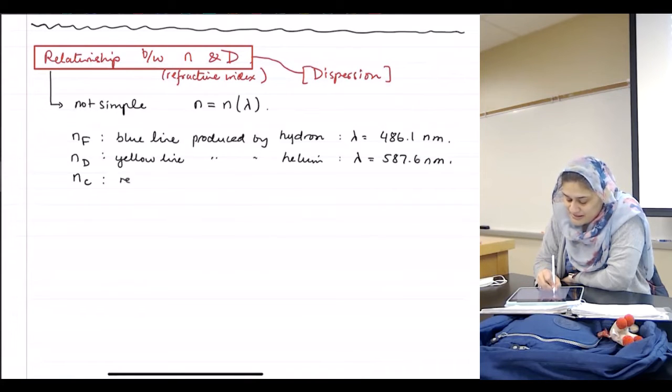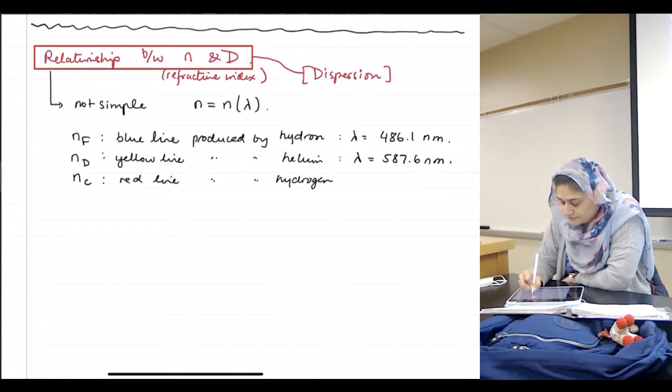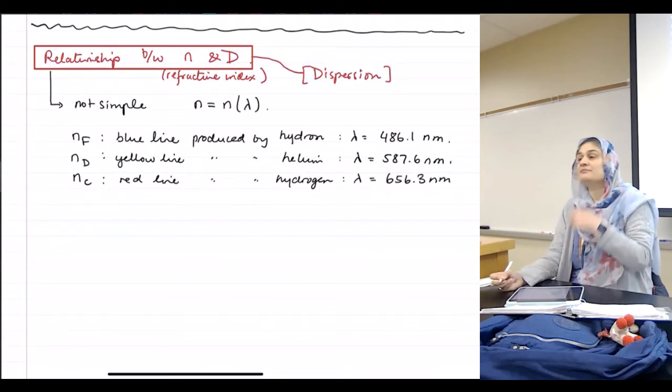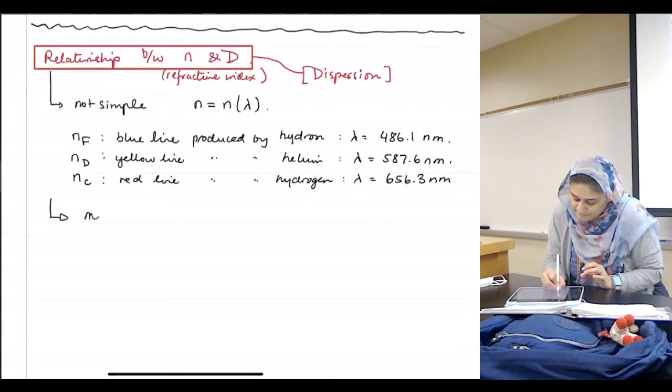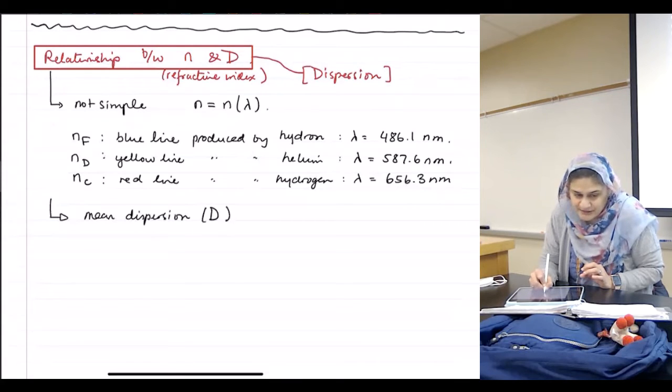And NC is the red line produced by hydrogen with lambda equals 656.3 nanometers. And the mean dispersion D is defined as NF minus NC.